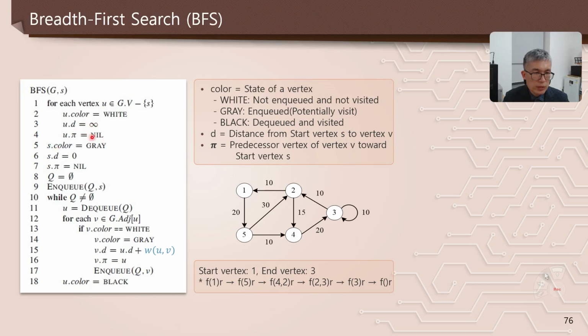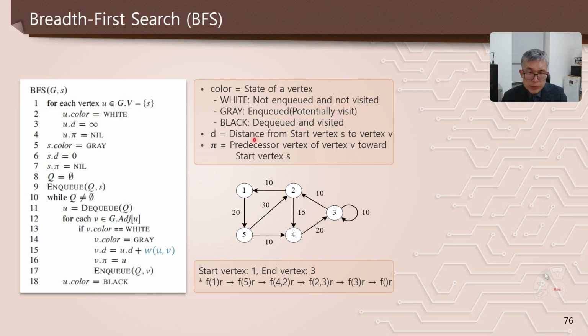This is the parent, the previous parent pointer for the reverse path, and Q is a priority queue. Enqueue the starting point, then dequeue and color the neighbors, and the distance is updated. Enqueue the unvisited ones, check each neighbor, and then dequeue. We repeat, and the dequeued vertex u is colored black as visited.